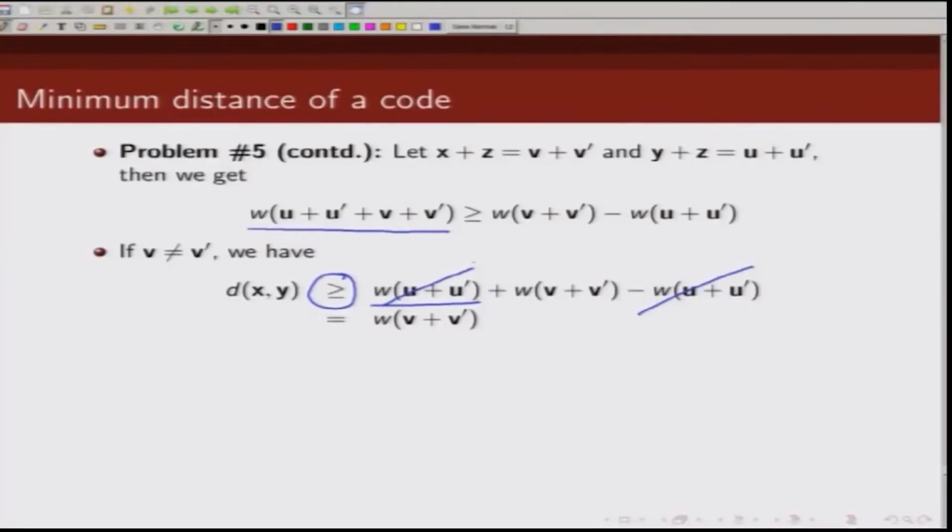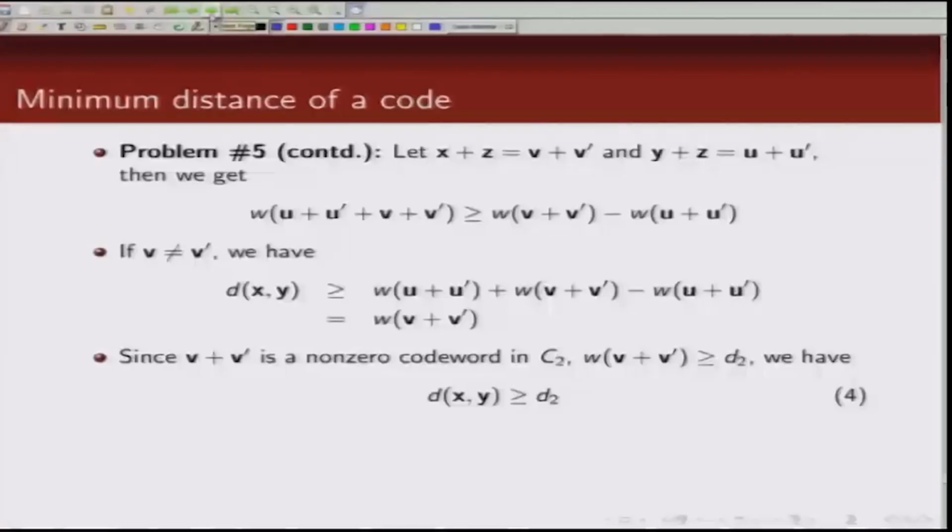And what is v plus v prime? v and v prime are valid code words in linear block code C2 with minimum distance d2. So v plus v prime will be another valid code word in C2 whose minimum distance is d2. So we can write that the Hamming distance between x and y is greater than or equal to d2.